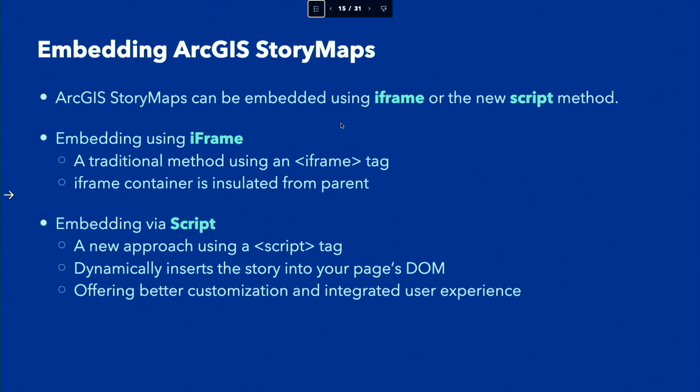One of them is that the iframe is contained within itself, so it's insulated from the parent. So it's hard to pass any message or interact with that iframe. And second, if you have tried embedding story maps on your website using iframe, the infamous double scroll issue just doesn't go away quickly.